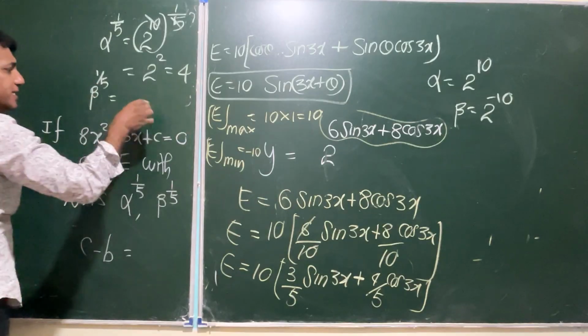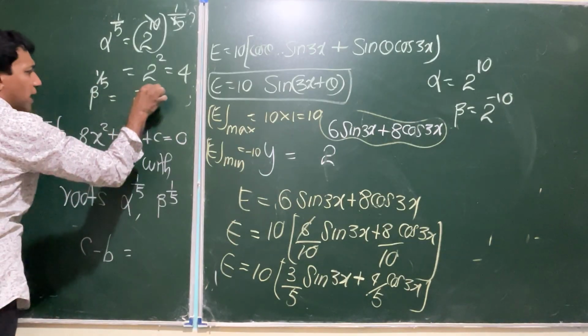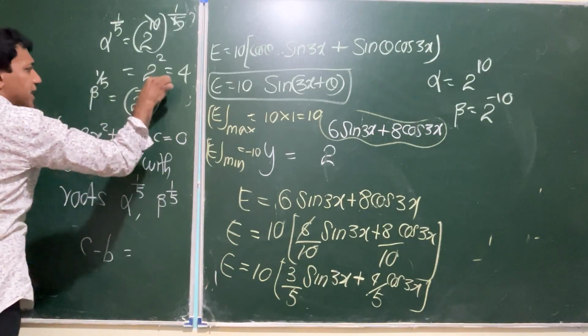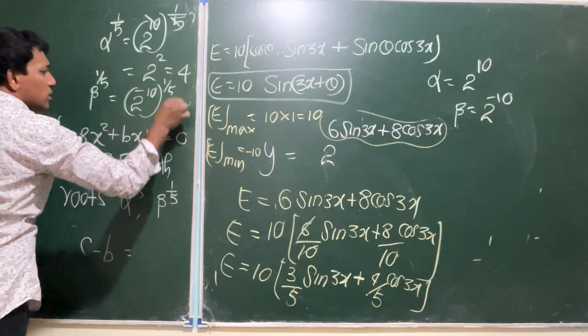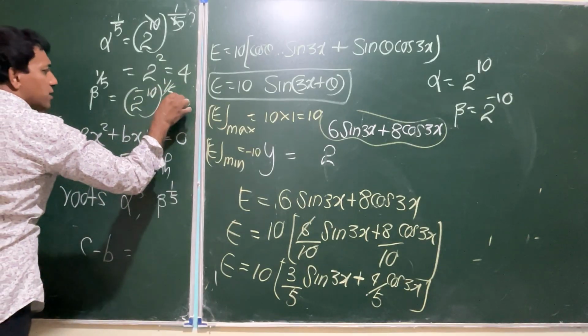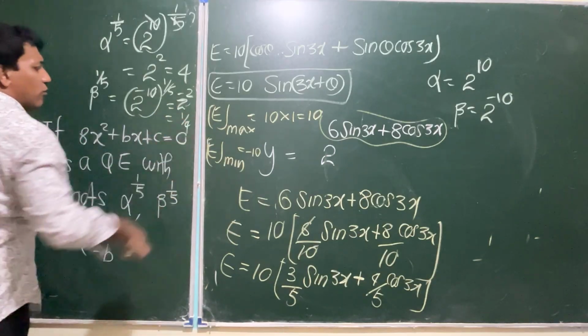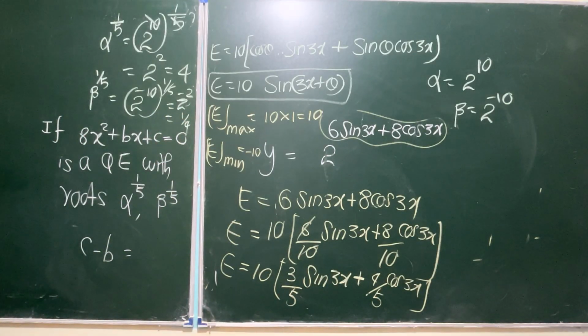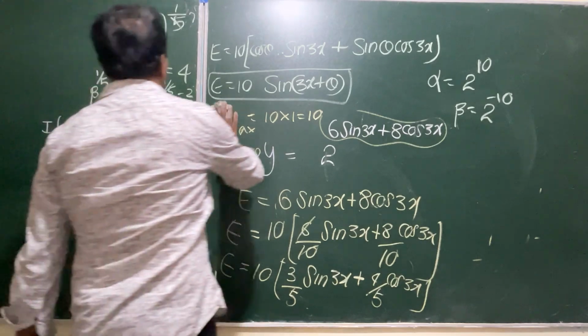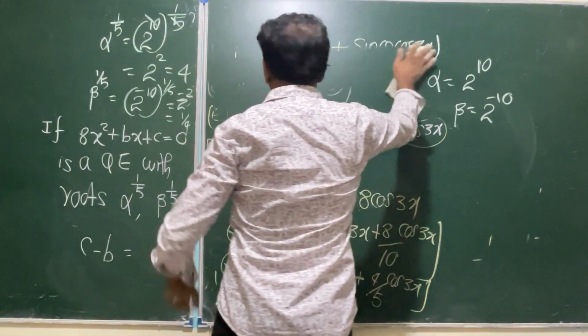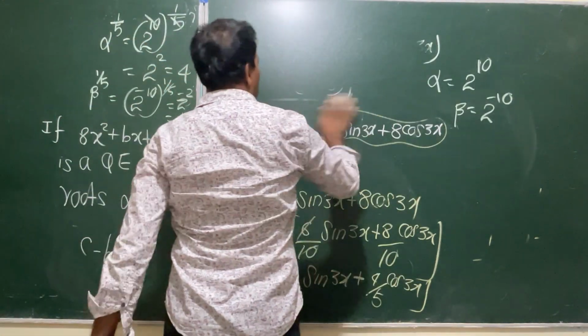Same method. What is beta? 2 to the power minus 10, to the power 1 over 5. So simplify: 2 to the power minus 2, 1 over 4, right? 1 over 4 is the answer of beta to the power 1 over 5.